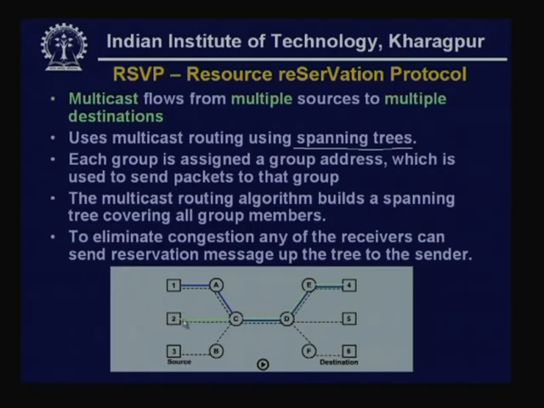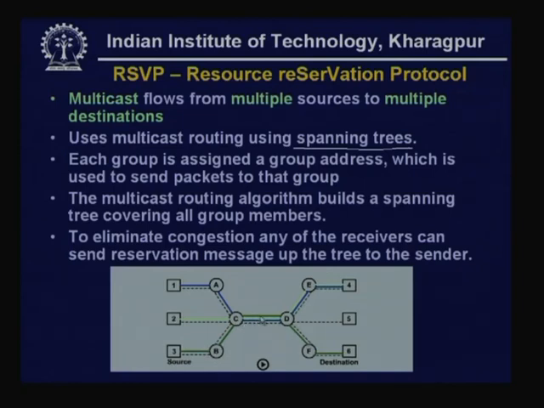So it reserves the bandwidth and the buffers in different nodes along the path. Now at this point, another destination may also want to have reserved resources along the path.